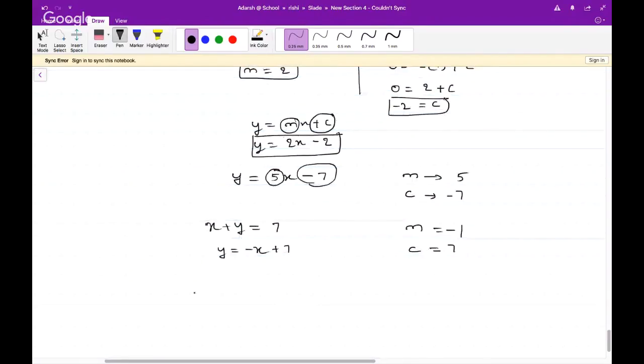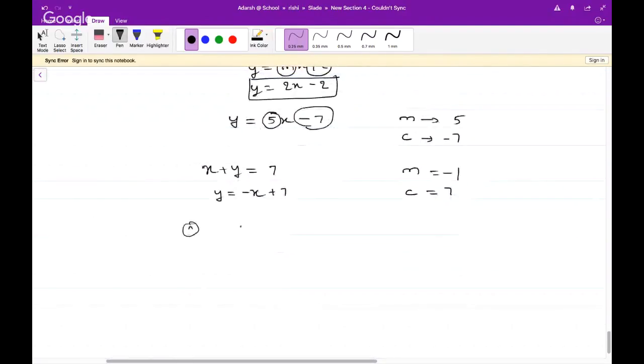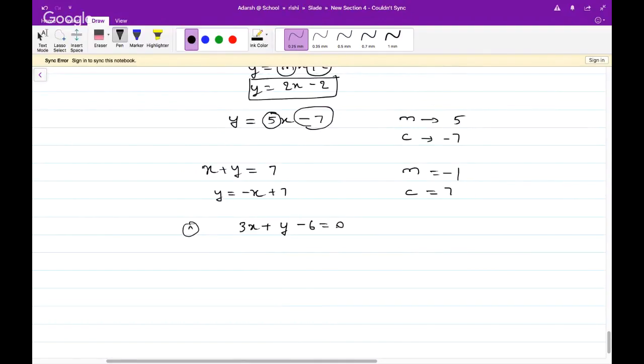One more example I'll give. Suppose you have an equation like 3x plus y minus 6 is equal to 0. Can you find the gradient and the y-intercept? Make this in the form y equal to mx plus c. So only y should be on this side, the rest of the terms should be on the other side.